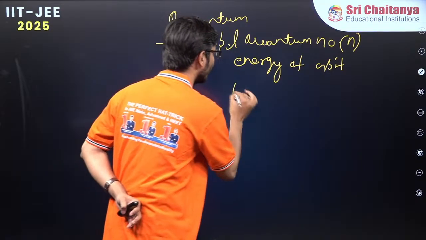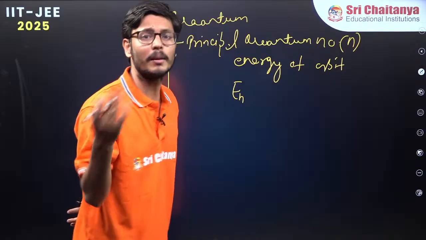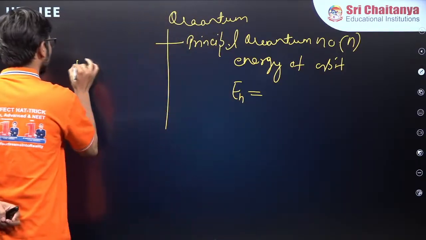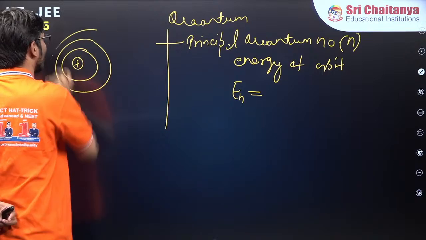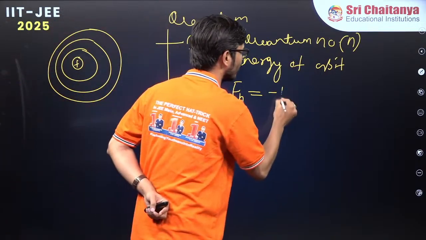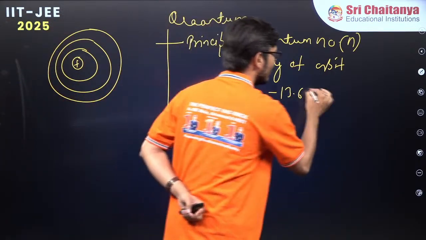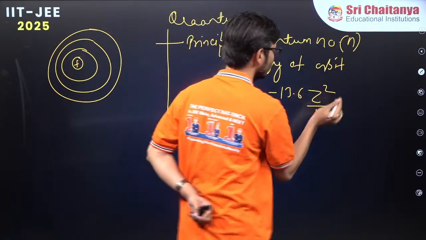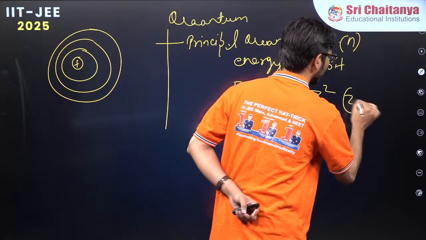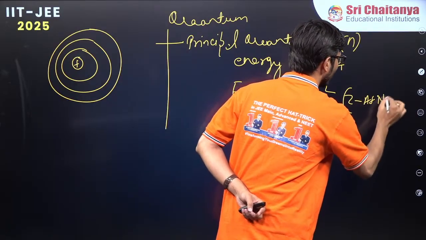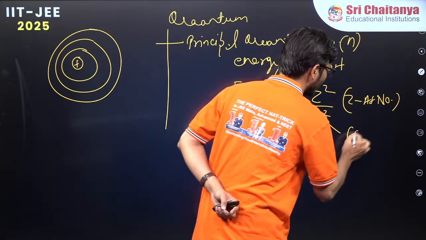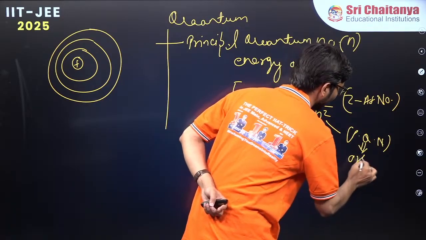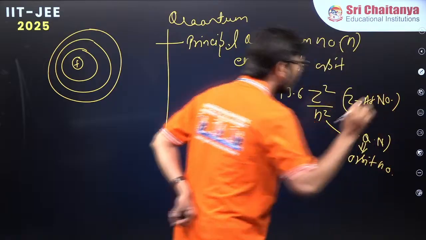Once you study the Bohr model, you'll derive a formula for the energy of the nth orbit. For example, let us say we have the first orbit, second orbit, third orbit. The energy of the nth orbit will be minus 13.6 Z square by n square. Here Z represents the atomic number, and n represents the principal quantum number, which is nothing but the orbit number.